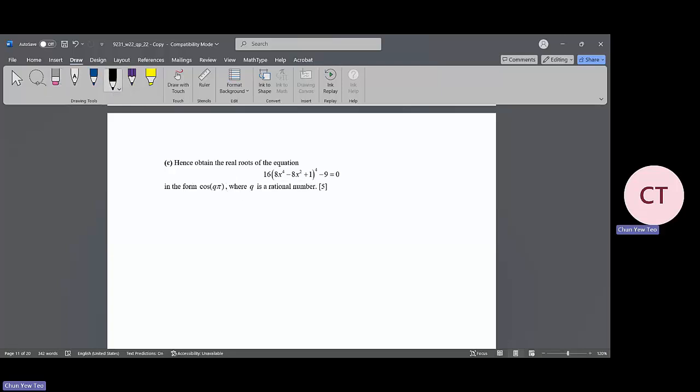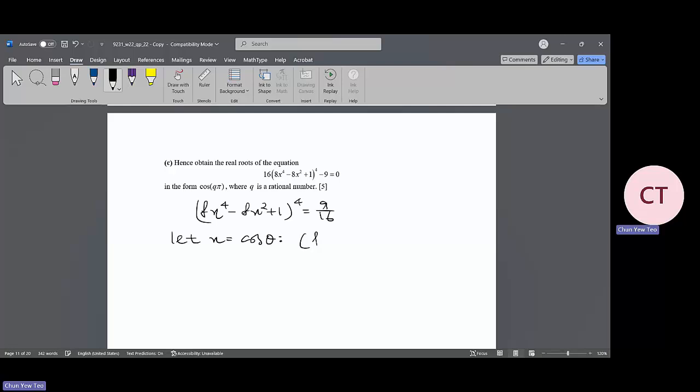So first of all, we make this become 8x to the power 4 minus 8x squared plus 1, to the power 4, is equal to 9 over 16. Okay. And we let x equal cos theta.